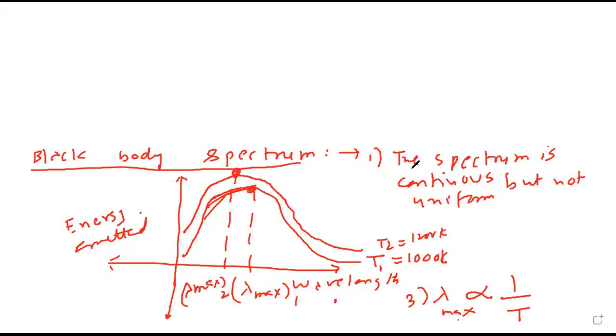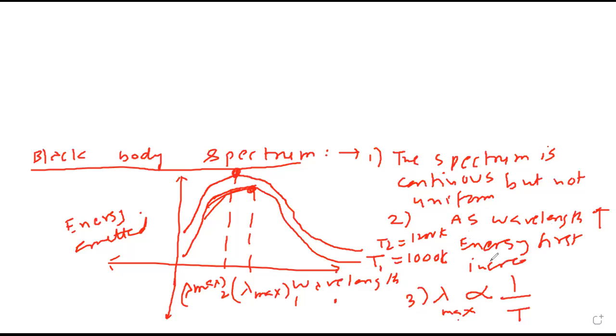Draw this graph, then first point write down. Second point, as wavelength increases, energy first increases and then decreases.